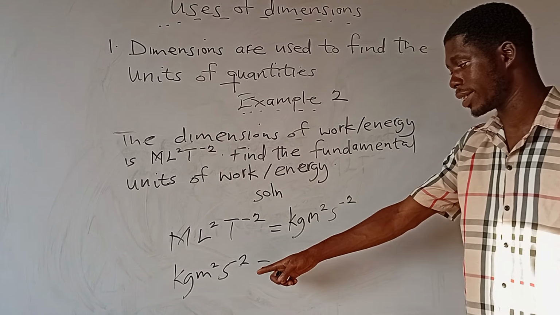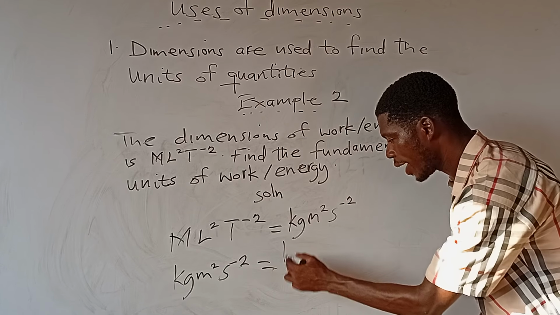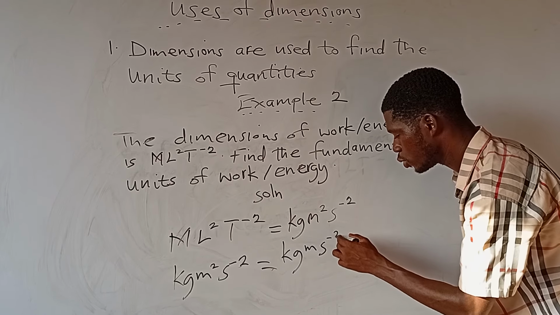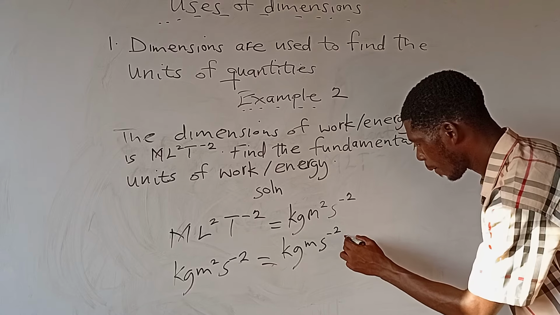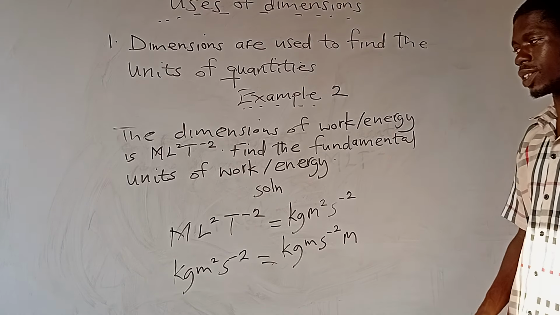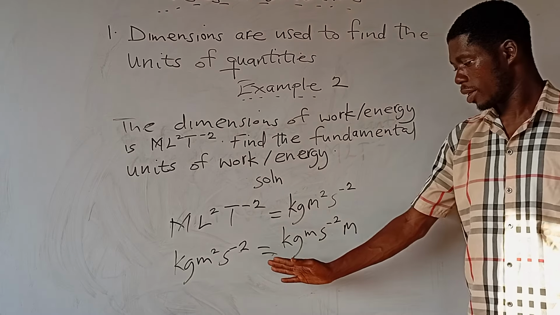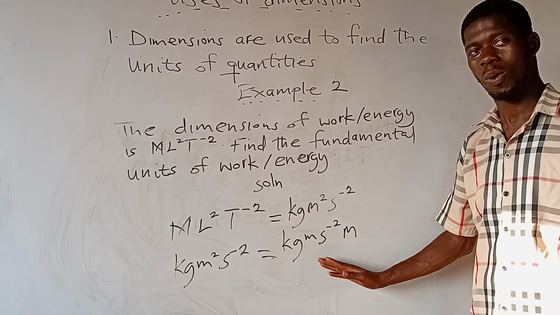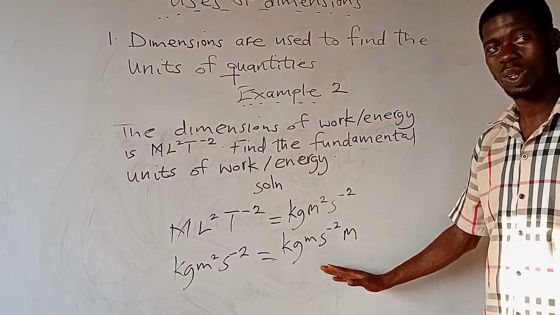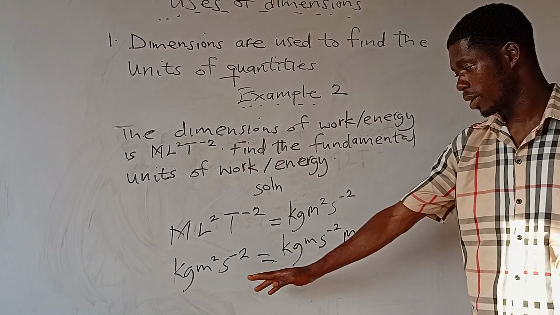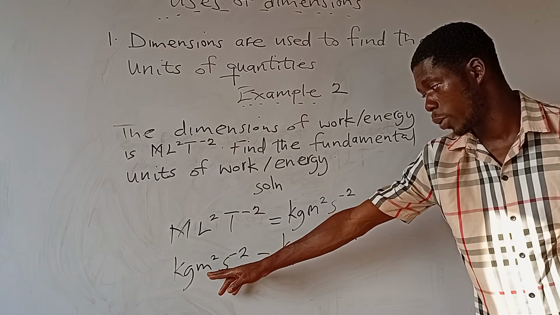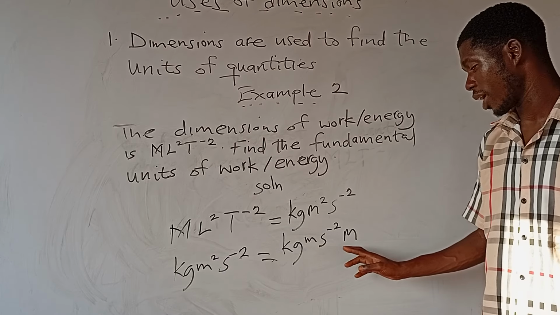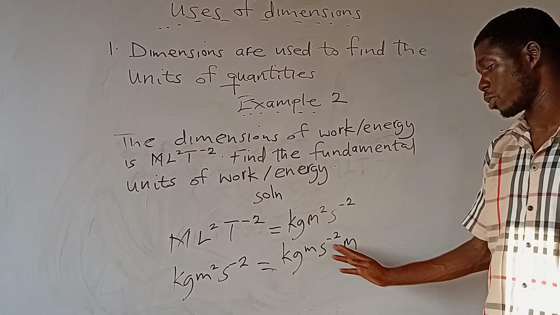Okay, so I'm writing it in a proper way. So kg m s^-2 m. This is the unit for work or energy. We have two m's; I just separated them, so one m is here and one m is here, and this one is multiplying this one.